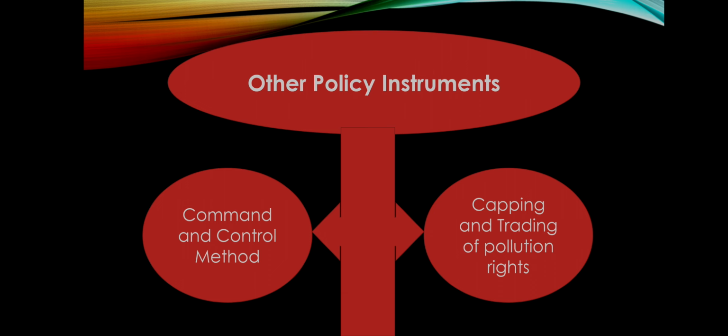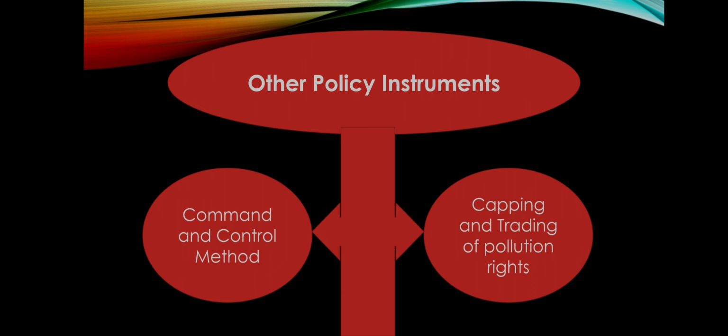In this method, the government can order, the government can pass laws to restrict consumption and production activities which are producing negative externalities. And the other measure is capping and trading of pollution rights. For example, in the US, they will give some rights to industries.